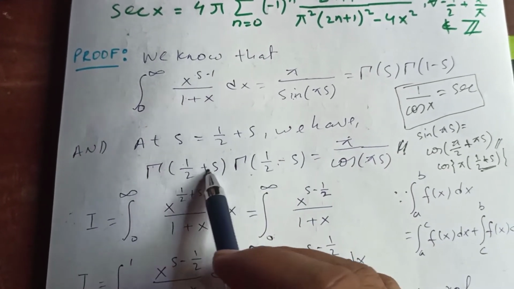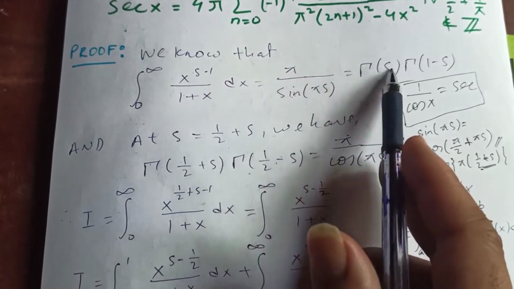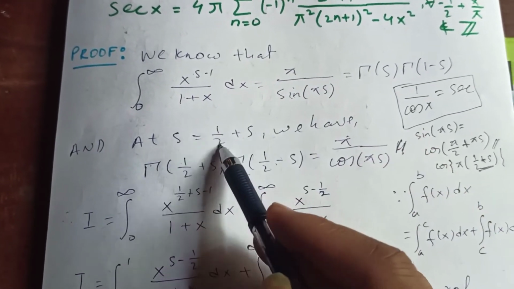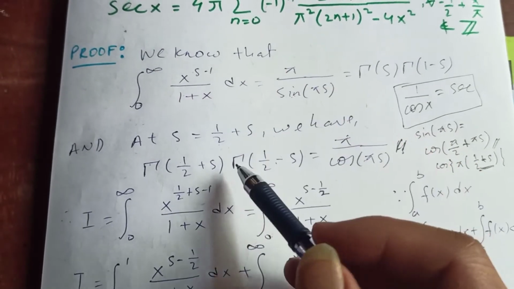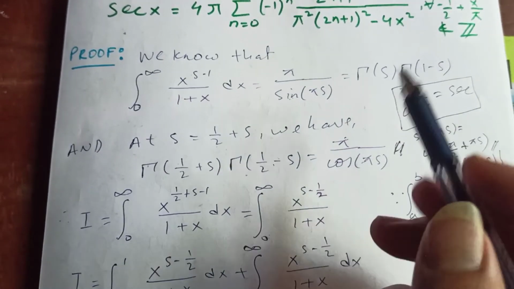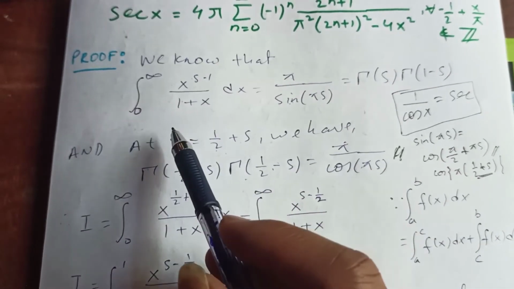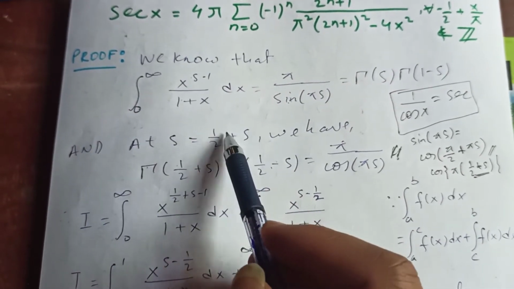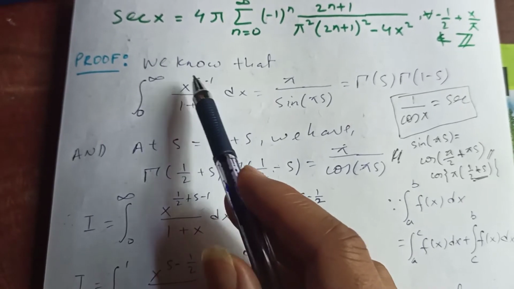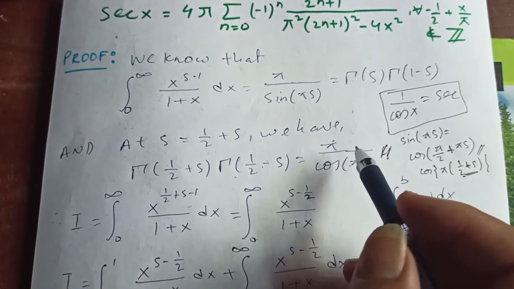This is derived from the earlier formula: if you put s equal to 1/2 plus s there, then you get this one.